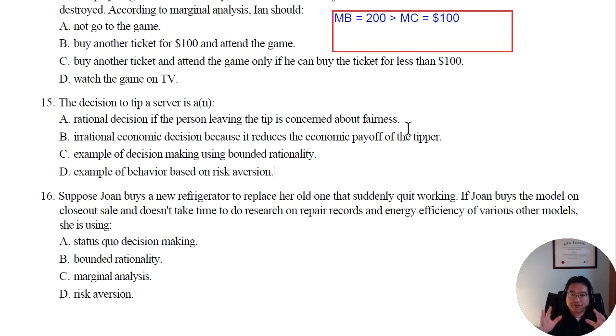So if fairness or risk aversion is their objective, they can be rational when they are making decisions involving a goal of fairness or risk aversion.